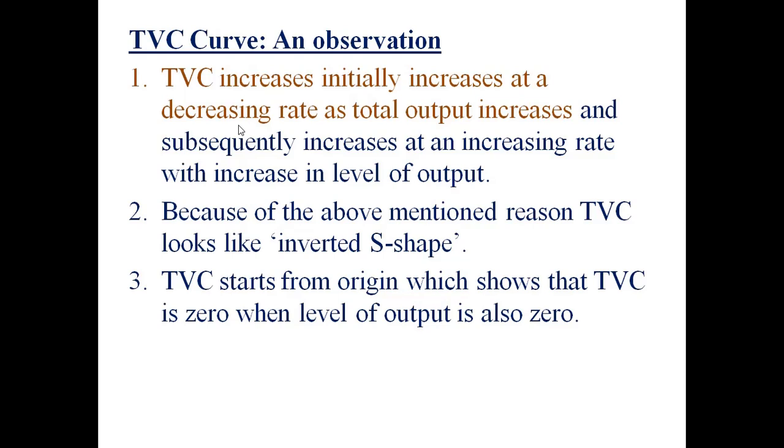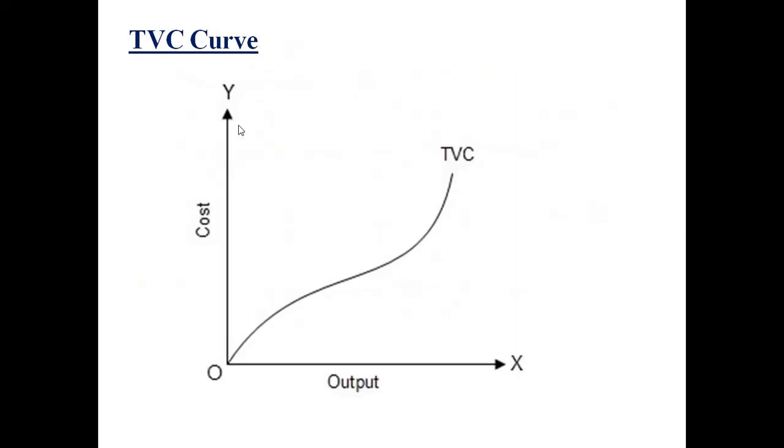So why does it happen? It happens because of the decreasing returns, the law of diminishing returns. Because if you employ more and more labor, we have already discussed that the productivity goes down, isn't it? So because the productivity is going down, you have to employ more and more labor force.